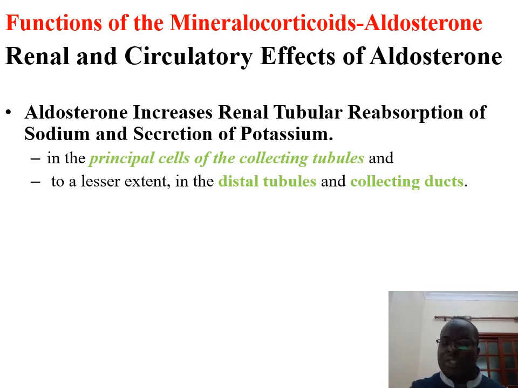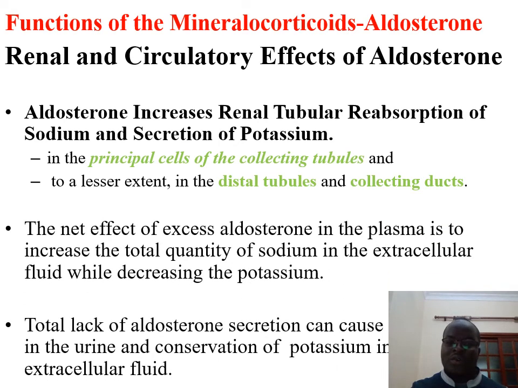Then there will be less potassium because potassium is being exchanged with sodium. The net effect of excess aldosterone in plasma is to increase the total quantity of sodium in the extracellular fluid while decreasing the potassium, because the potassium is the one that is being exchanged with the sodium.